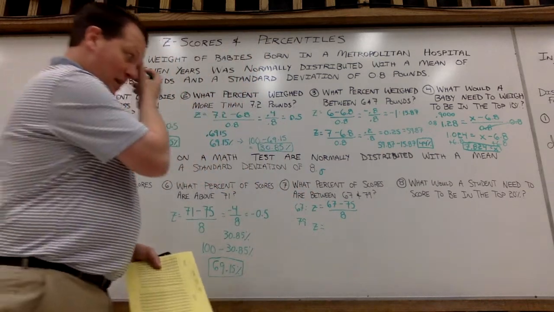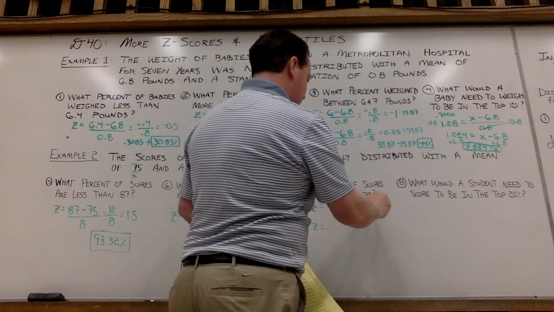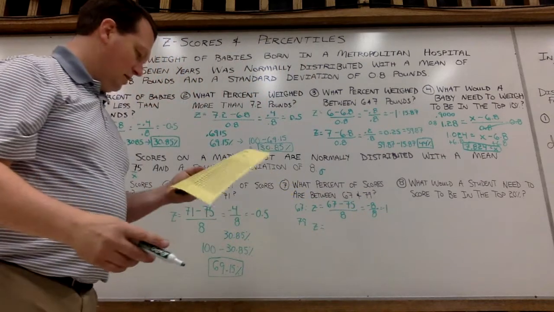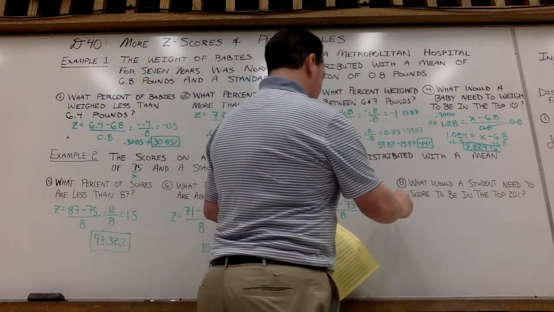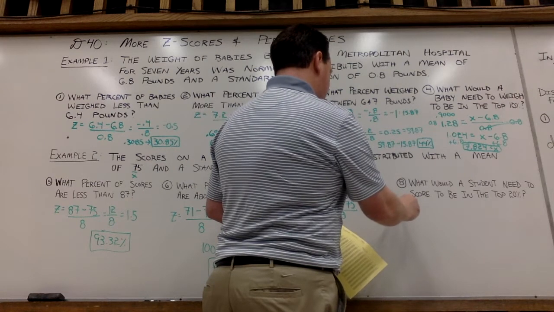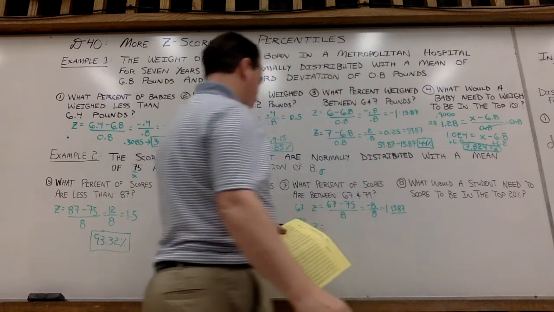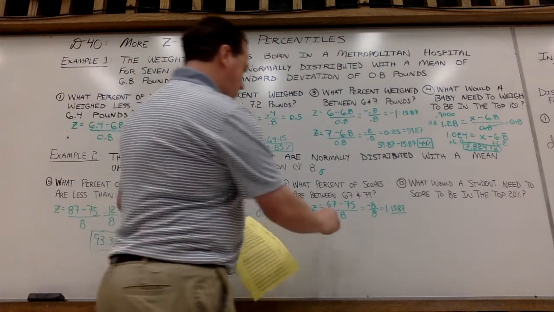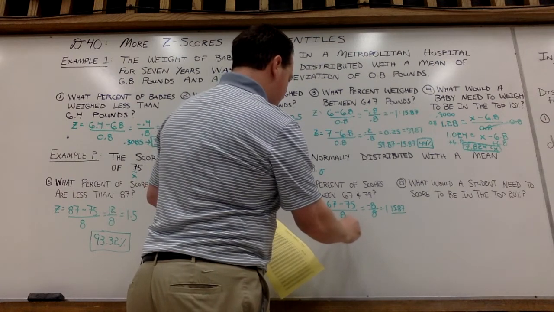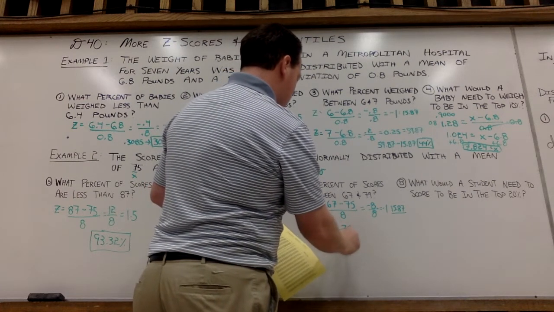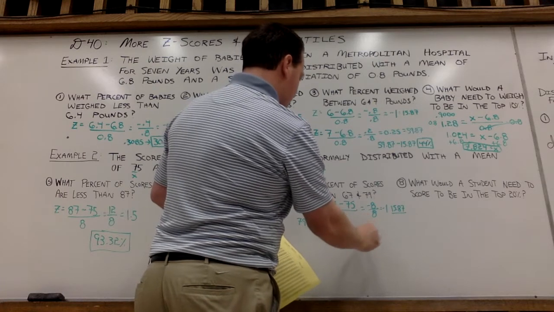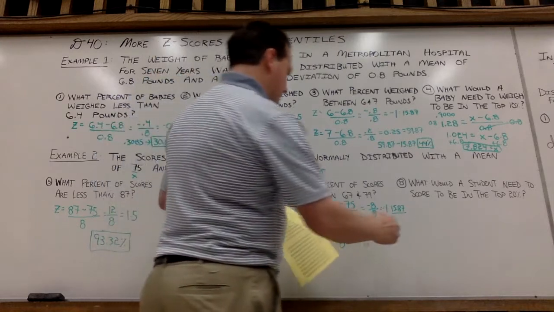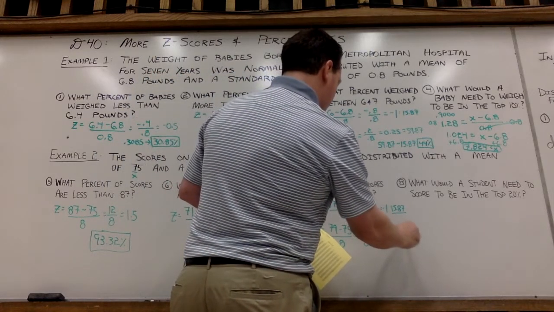Up above, we'll have the negative 8 over 8, which is negative 1, and a negative 1 z-score is 15.87%. 79 minus 75 over 8 gives us 4 over 8, which is 0.5. 0.5 is, again, 69.15%.